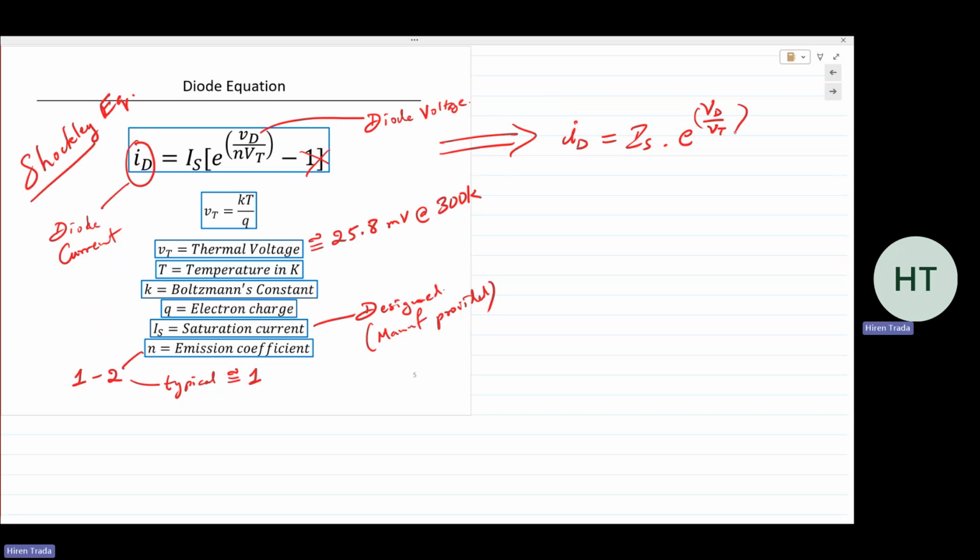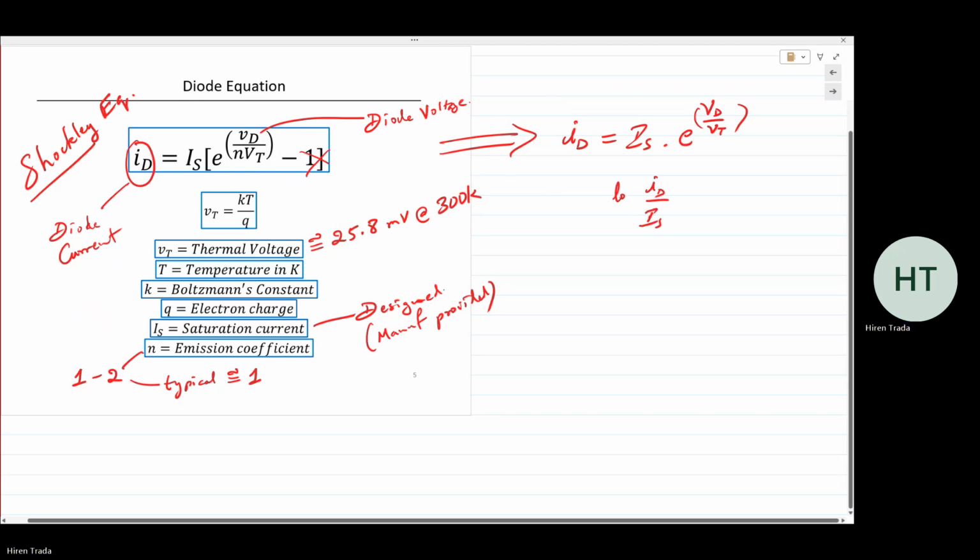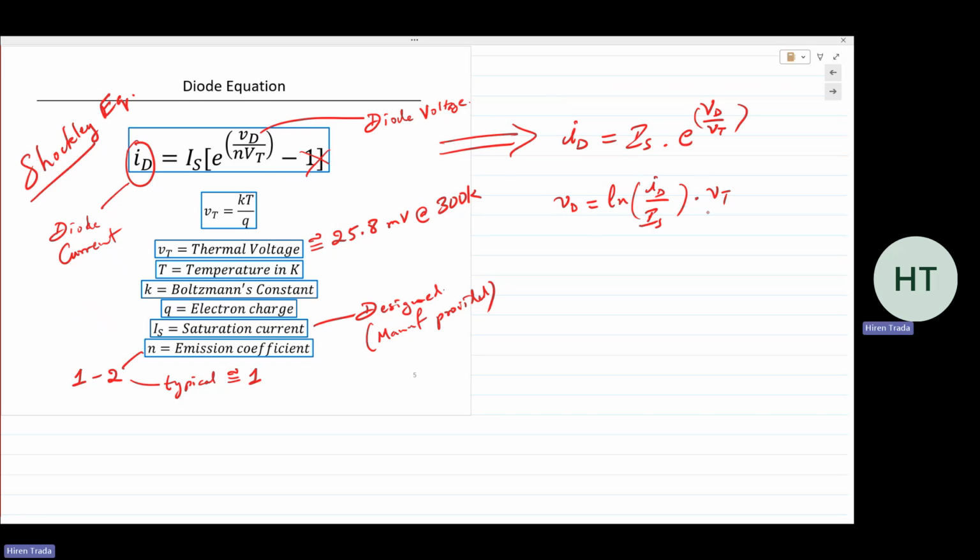So that's the diode equation. And if you wish to find the diode voltage from the diode current, simply take the log on the other side. So you'd have I_D over I_S, natural log, and then times V_T.